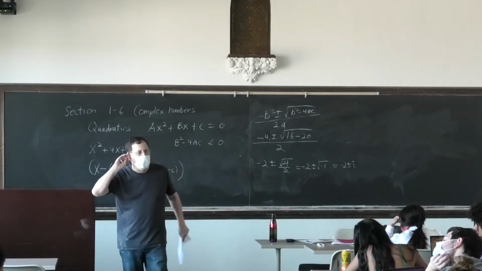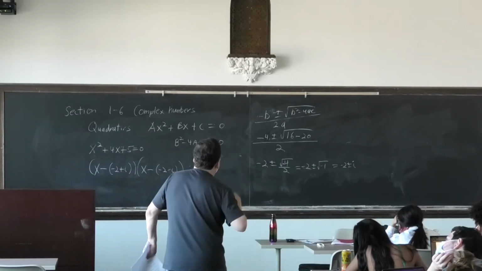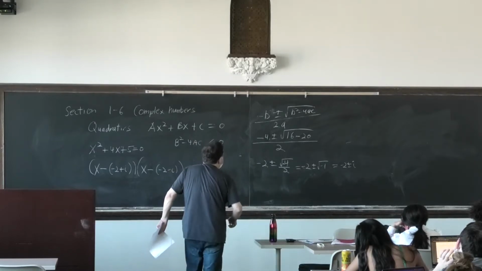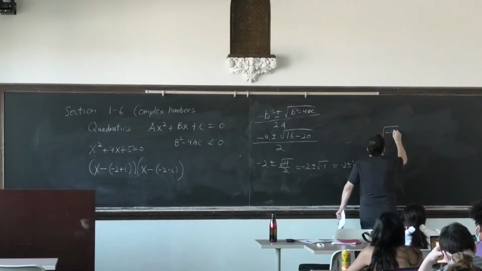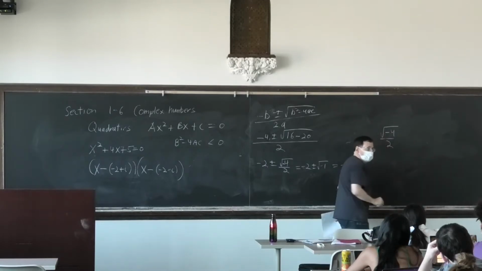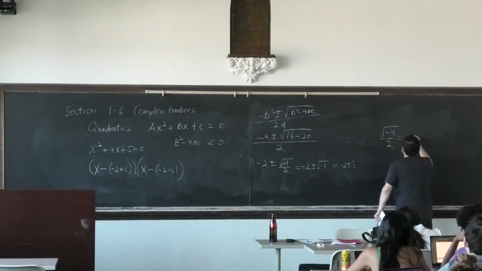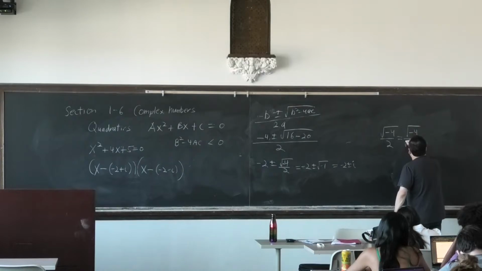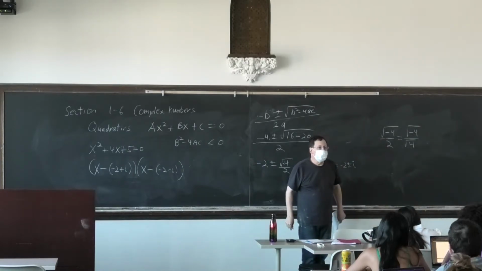I don't really understand how the square root of negative 4 over 2 became the square root of negative 1. Square root of negative 4 over 2. That's what you're asking about? Yeah. Okay, well, I'm just going to do one step at a time. Does that look good?